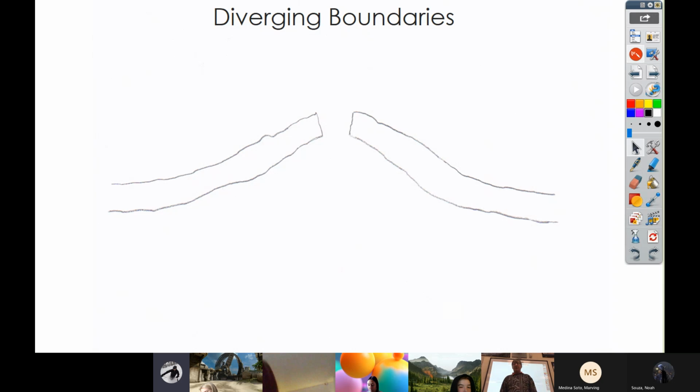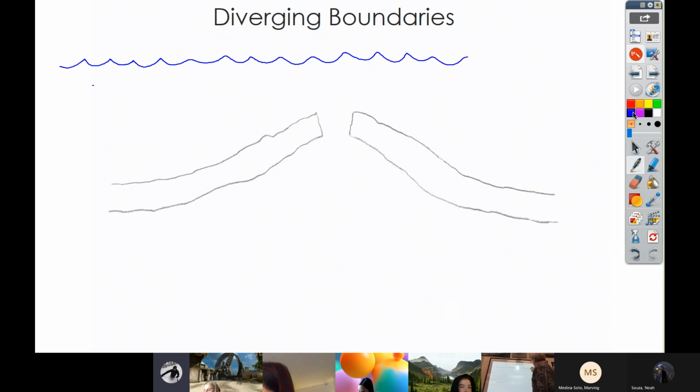I might just flip my paper over and start on the back at this point because it's an obvious dividing line between one topic and another. And this diverging boundary is mostly found under the ocean. So I'm going to draw the sea, surface of the sea up here.